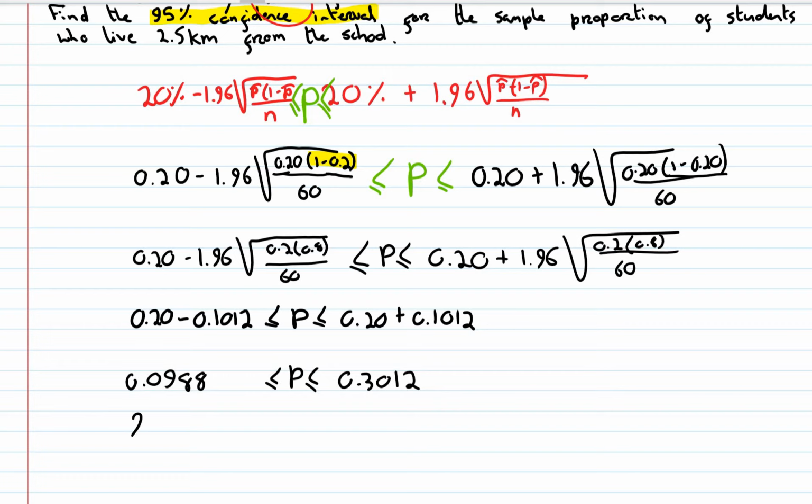So as a percentage, it'll be 9.88% and 30.12%. So the real amount, or actually going back, we are 95% confident that the real population based on our sample is between 9.88% and 30.12%.